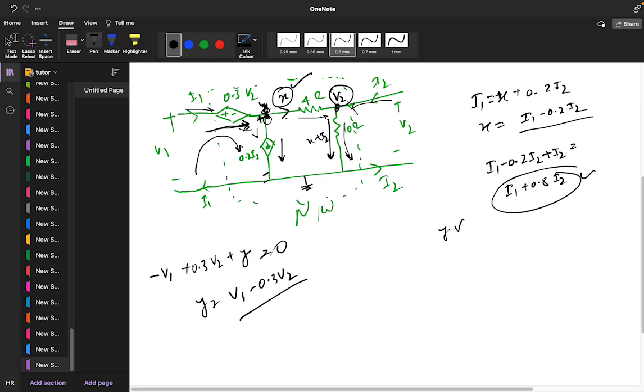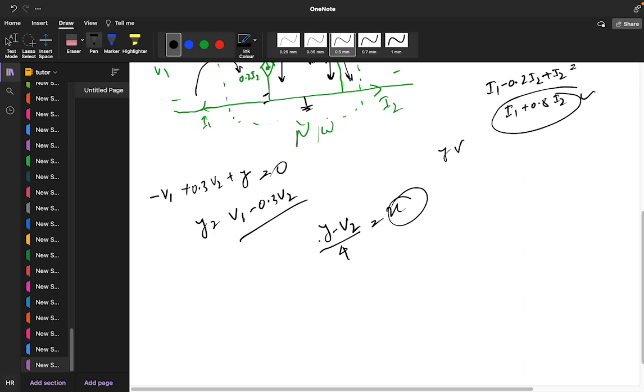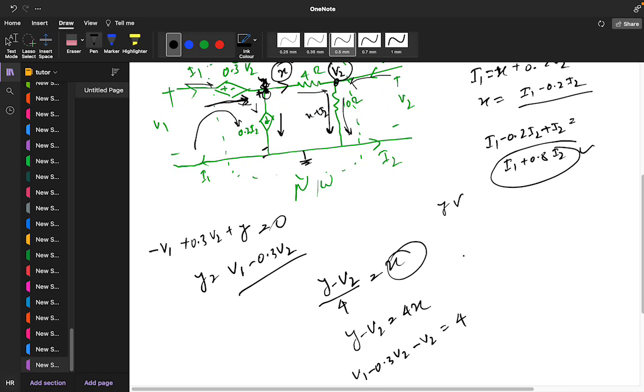And one thing we can find: what is the current? X current can also be y minus v2 upon 4, this node minus this node divided by the resistance. But we know the value of x. What is the value of x? I1 minus 0.2 I2. And what is the value of y? We also know. Y minus v2 equals 4x. So put the value of y, v1 minus 0.3 v2, minus v2 equals 4 times x, I1 minus 0.2 I2.